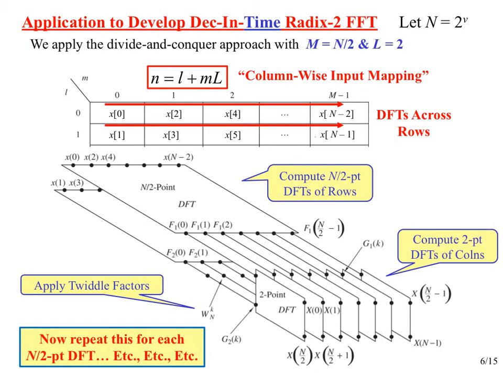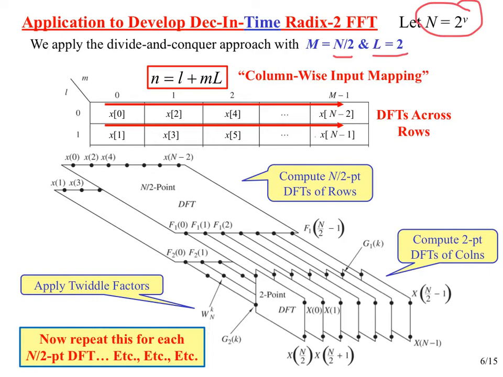And just to link this back to what we did in the previous set of notes, let's use this viewpoint to develop our Radix-2 decimation in time algorithm. So there we started off with N equal to a power of 2, 2 to the v, and to apply the divide and conquer approach, we'll let L be equal to 2 and M be equal to N over 2.